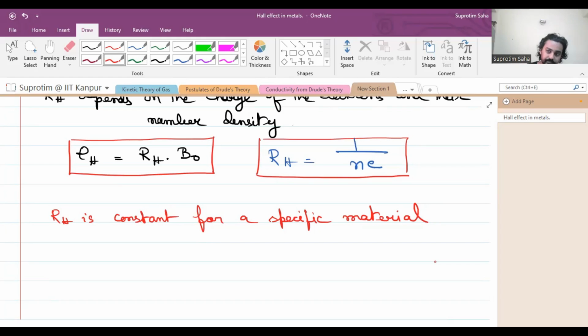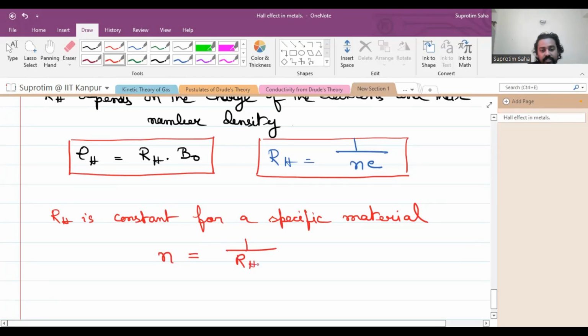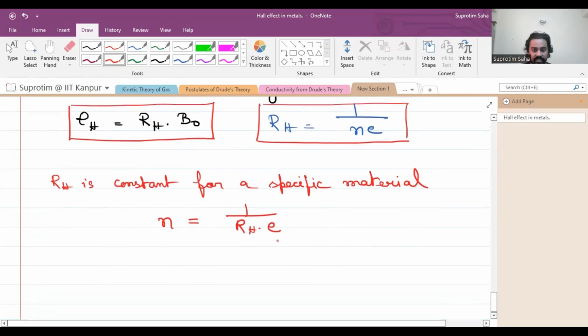Fine. So from this we can have another parameter. n will be given by 1 over R_H times e. So you can have an estimate of the number density of the charge carriers.